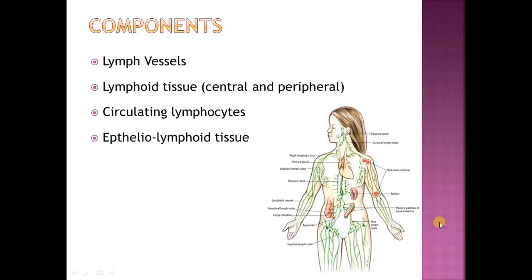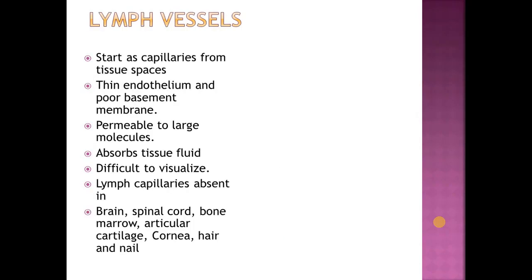Then epitheliolymphoid tissue, the lymphoid tissue associated with the mucous membrane, mostly associated with the gastrointestinal tract and the respiratory system. Then you also have the reticuloendothelial system, which I have already mentioned, phagocytic in nature.